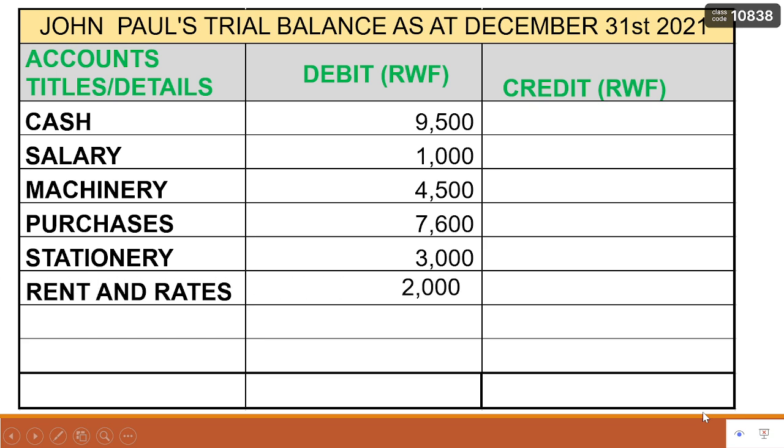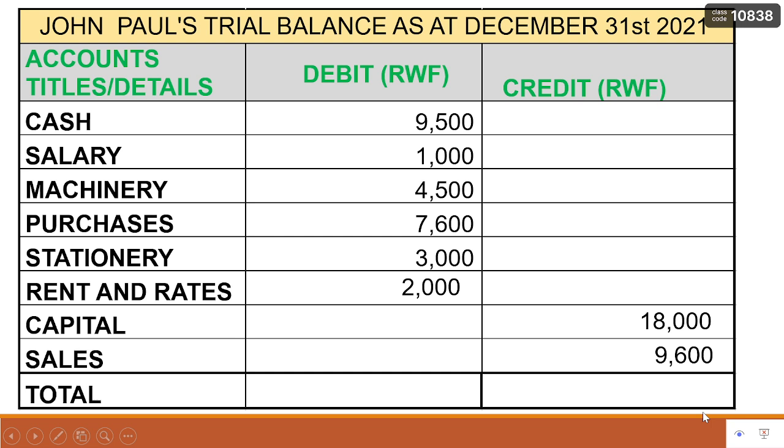Capital, remember, incomes, revenues and liabilities all have credit balances. It will be listed under credit. Sales is a revenue and will be listed under credit.